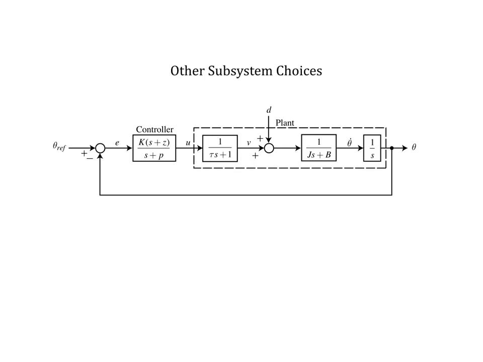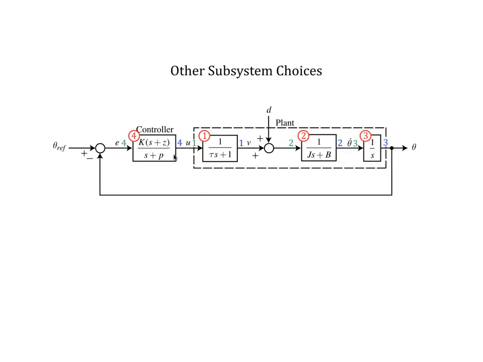So finally, I included this slide simply to drive home the point that there's nothing magical about the two subsystems that I've shown you so far in this example. I could have just as well picked, say, 4 subsystems, say these 4. Here's the actuator. I could have made the actuator as subsystem number 1, this portion of the plant as subsystem number 2, this pure integrator part of the plant as subsystem number 3, and the controller as subsystem number 4.